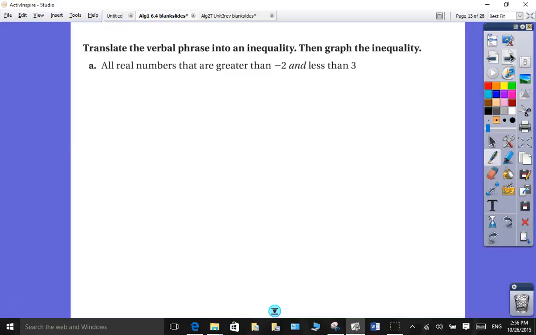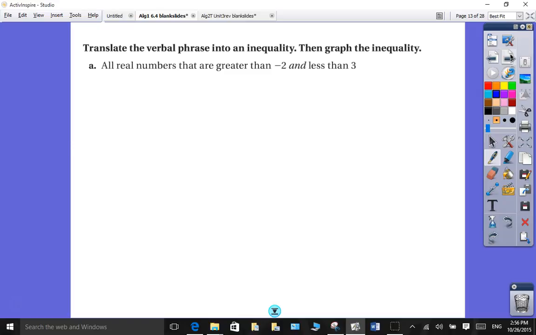I never knew whether it started before Algebra 1 or in Algebra 1. And from what I learned today, I think it starts in Algebra 1. So please try to learn about this new thing, which is called a three-part inequality.